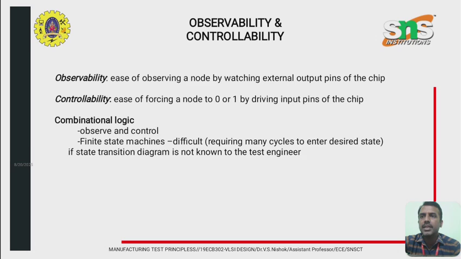And controllability is the ease of forcing a node to 0 or 1 by driving the input pins of the chip. So we can modify the output as we need, which can be obtained by the controllability technique. That is the difference between observability and controllability. Both are needed in testing applications.